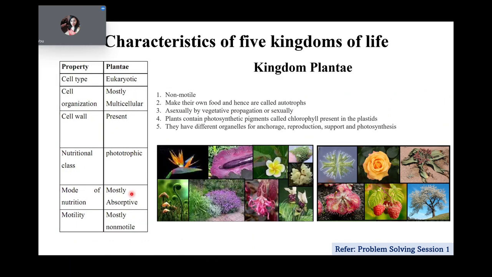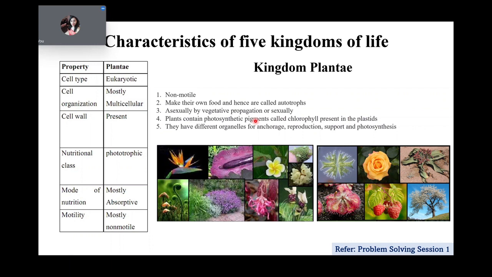So, as we have just seen, the Kingdom Plantae is defined by these characteristics. Other than that, the most important feature for the Plantae kingdom is the presence of the photosynthetic pigment chlorophyll, which enables them to be phototrophic in nature, and which is present in plastids.